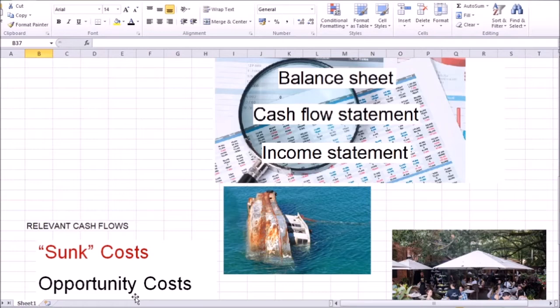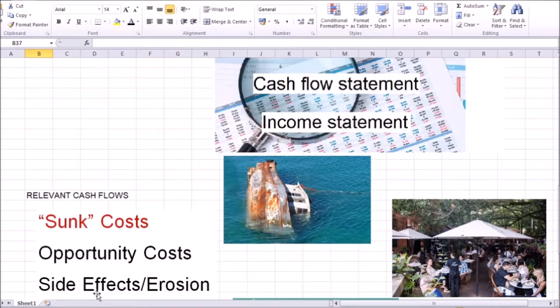Instead of being used in that project, the property could have been rented out. Hence, by using that property within the new project, the company loses the opportunity to earn some sort of rent on that property. And that would actually be a relevant cash flow that would go into the calculation of NPV and IRR as costs of the project.